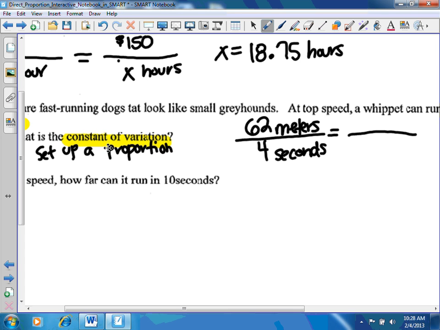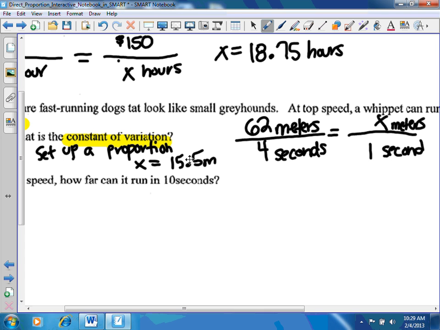So what goes in the bottom of my other proportion? I'm trying to make a unit rate. X over 1 second. So we're looking for the meters. How many meters then in 1 second? Okay, you have calculators. Figure it out. What do you get? 15.5 meters in 1 second.